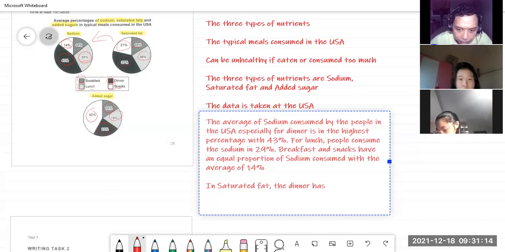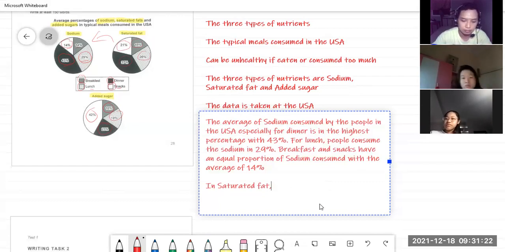Okay, we can say the dinner, or we can say eating dinner in saturated fat.